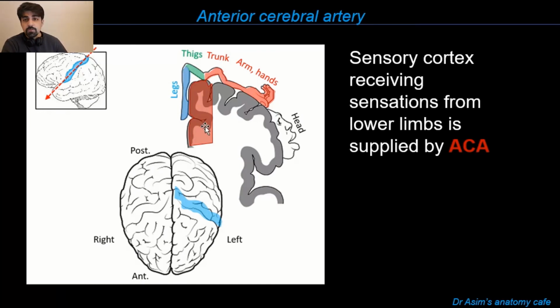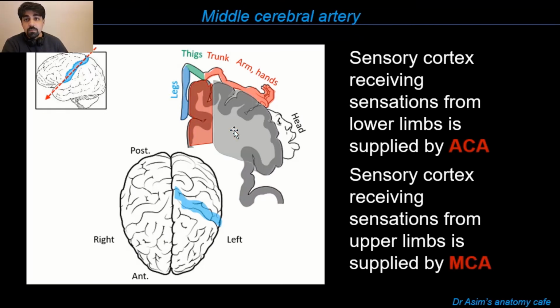And so if there's a stroke in the anterior cerebral artery, then this part of the cerebral cortex could get an infarct, and consequently that could lead to a loss of sensation in the lower limbs, and similarly a motor loss or a paralysis in the lower limb if the primary motor cortex is involved because of the anterior cerebral artery.